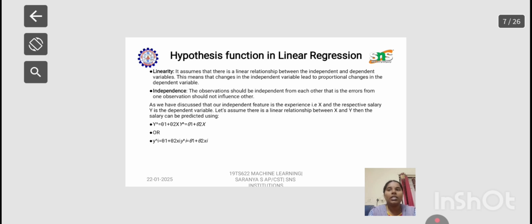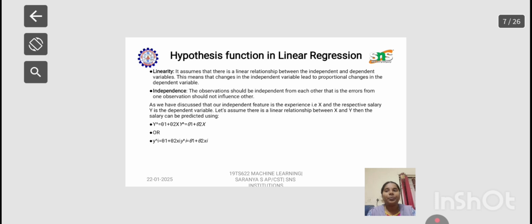Let's assume there is a linear relationship between x and y. Then the salary can be predicted using y cap equal to theta 1 plus theta 2 of x, or y i cap equal to theta 1 plus theta 2 times x i.